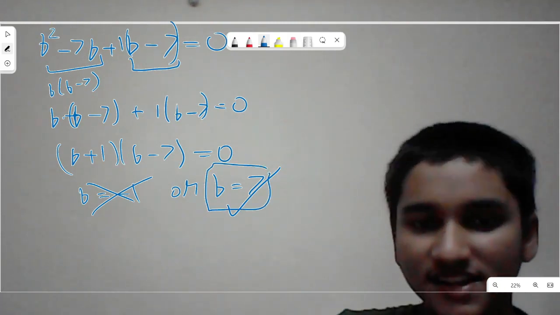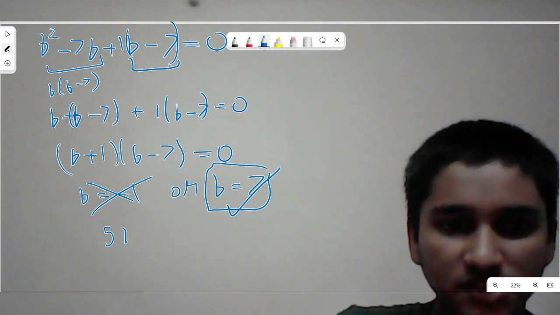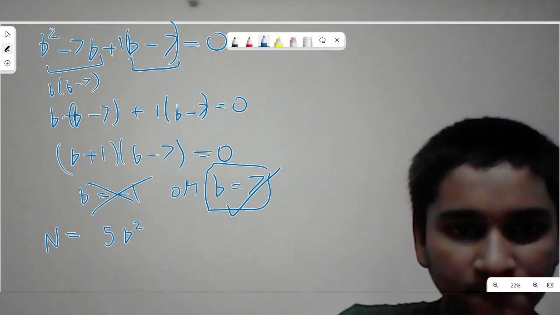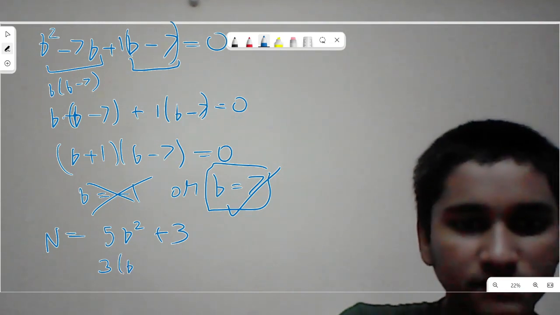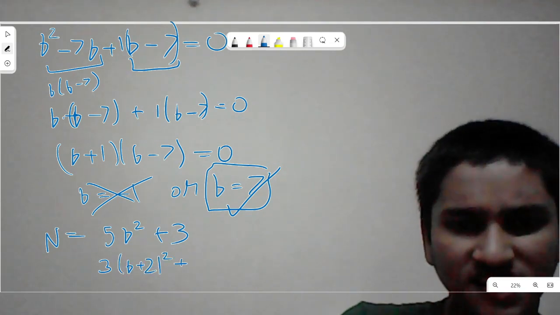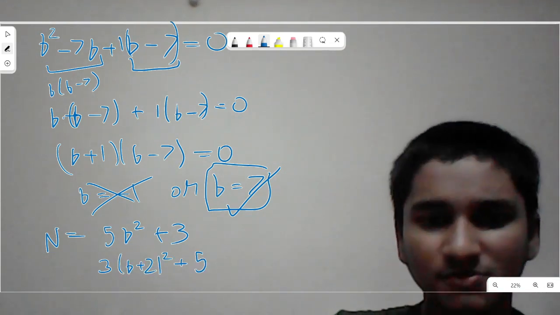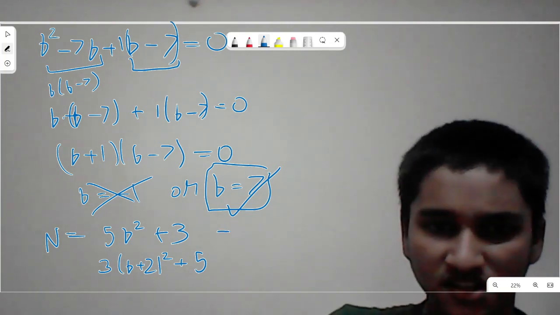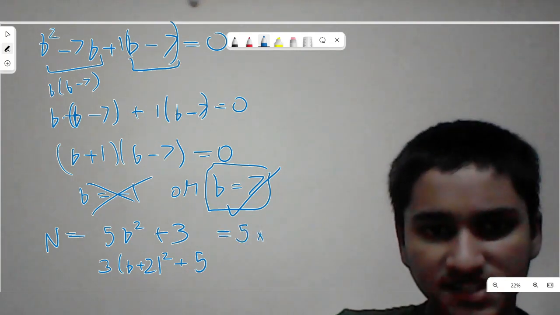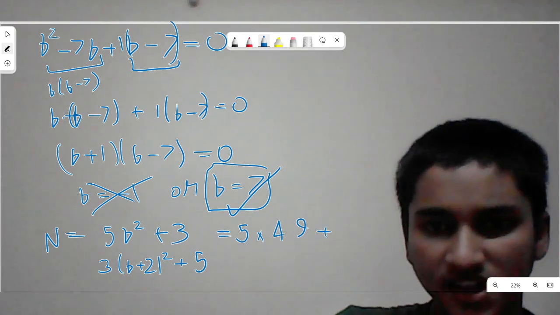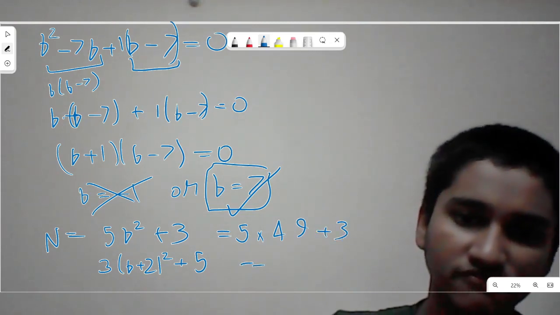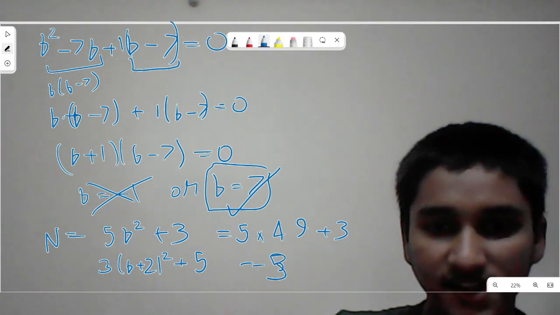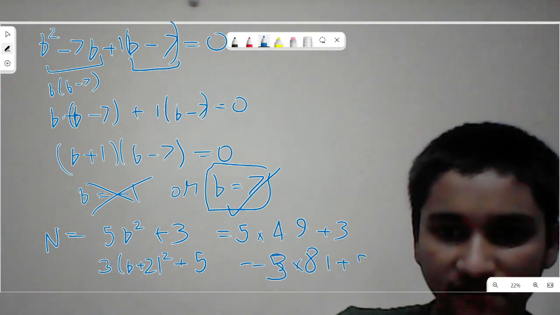Now let's plug it in any of these. 5b square plus 3 was our initial number n. We can use this, or maybe we can use 3 times b plus 2 whole square plus 5. We will evaluate both to just confirm our answer. So that's 5 times 7 square, which is 49, plus 3, and b plus 2 is 7 plus 2, which is 9, so 3 times 81 plus 5.